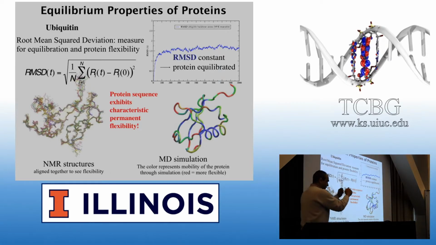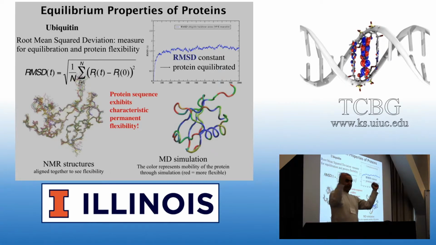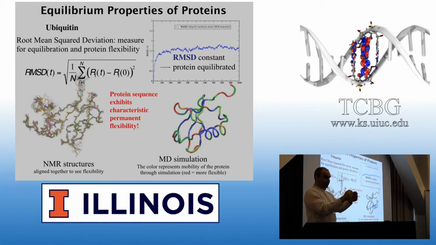Let's say, for example, you have a protein that has two domains, or you have a heteromeric or dimeric system like this. Maybe the individual proteins are super stable. If you look at them individually, nothing is happening to them, but they might be moving with respect to each other. So you do RMSD for the entire thing, and you see there is an RMSD increase, but then you do it individually for A, RMSD very low, for B, RMSD very low, but for A versus B, it is very high.